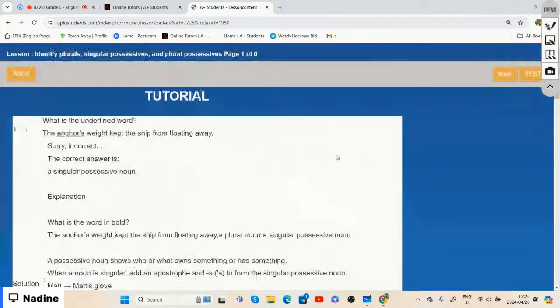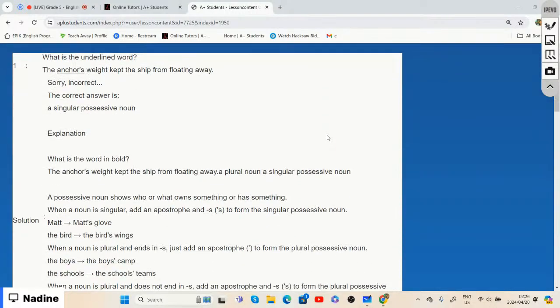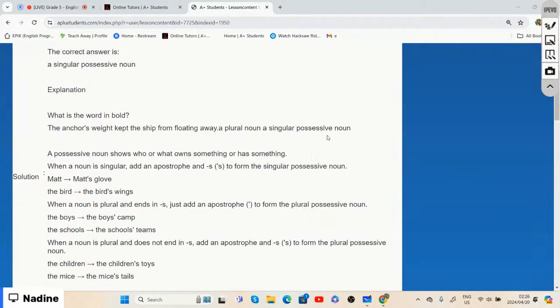All right, so before we go on to our test, we see that when it comes to possessive nouns, we need to be able to write singular possessives and plural possessive nouns, as well as tell the difference from a plural noun. The possessive noun shows who or what owns something or has something.